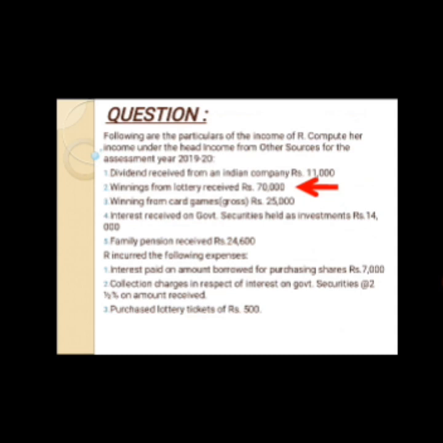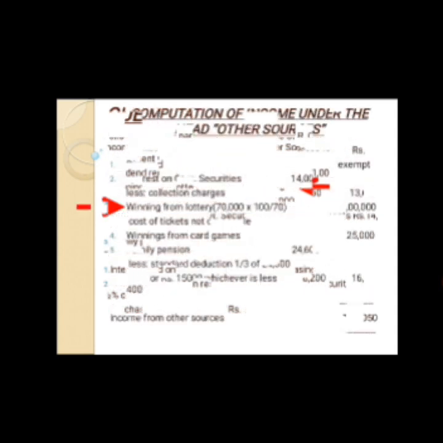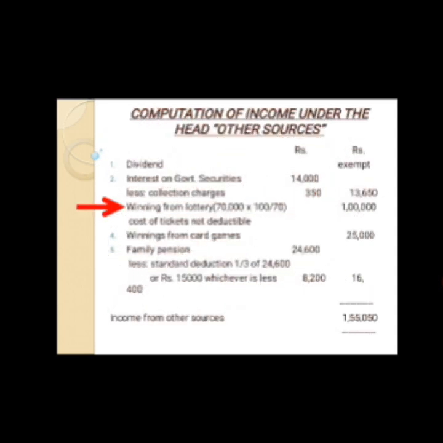Second income source is winning from lottery rupees 70,000. Since it is a net amount, it should be grossed up. In the solution, it is grossed up by 70,000 into 100 divided by 70. Value taken as 1 lakh for calculation.